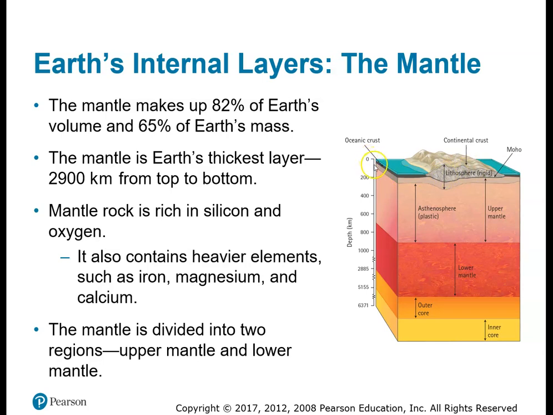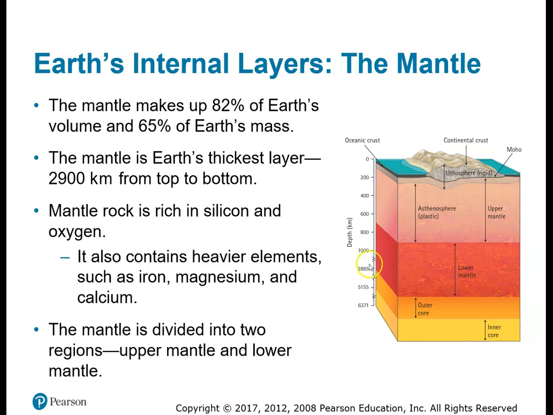So the lithosphere goes down to about 100 kilometers. The asthenosphere goes down to, the layer is about 700 kilometers below the surface of the Earth. These are average numbers.